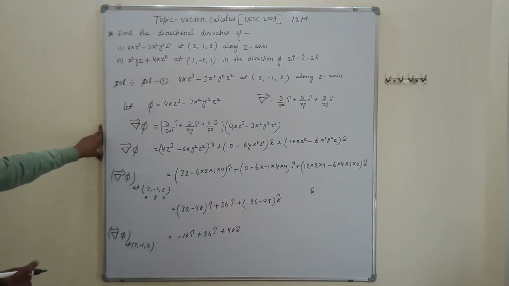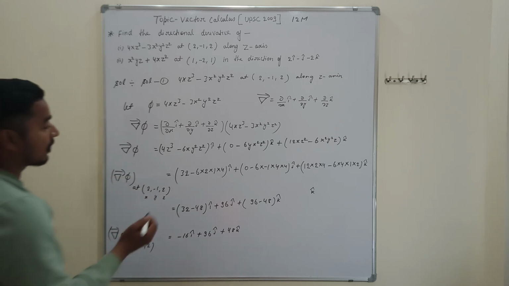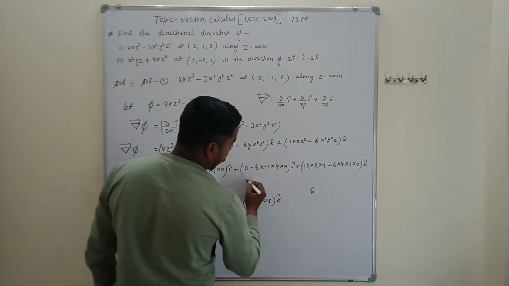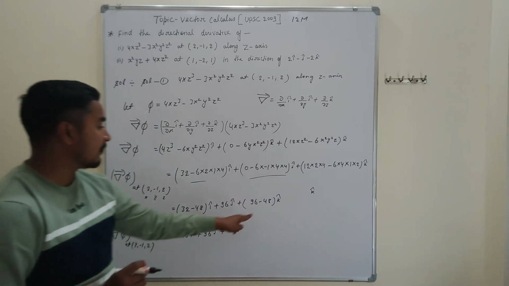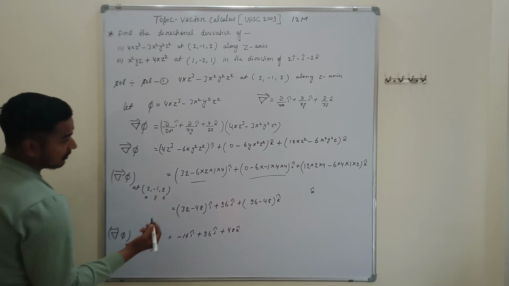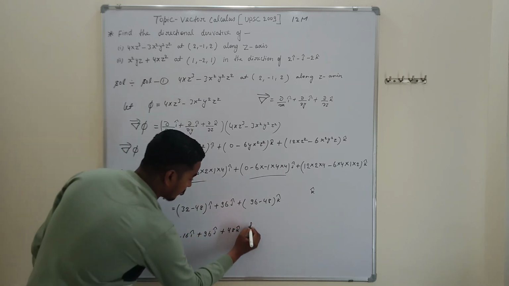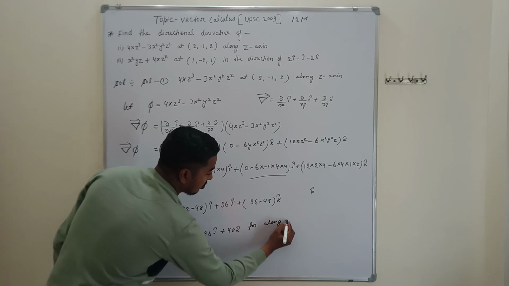For k cap we have to multiply with k once again. We do not have to solve for i cap and j cap. Simply we can find only for k cap, so we get the result only along the z axis.